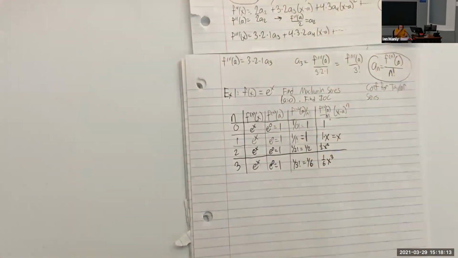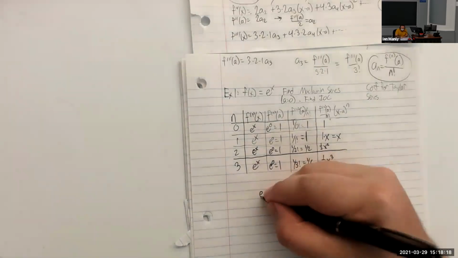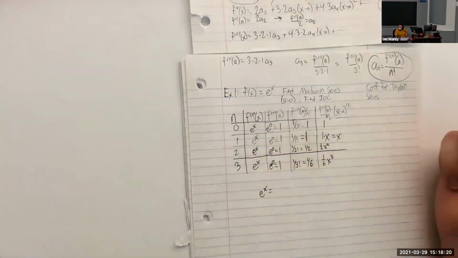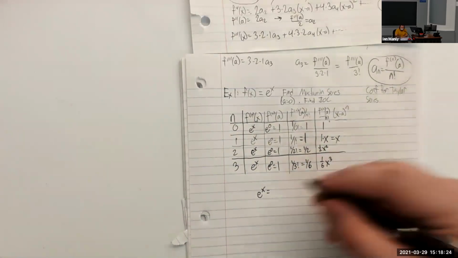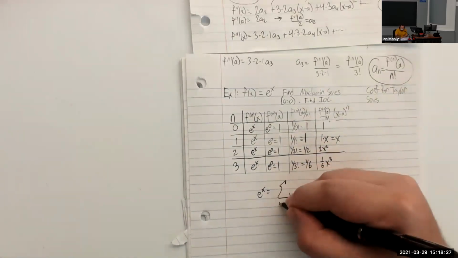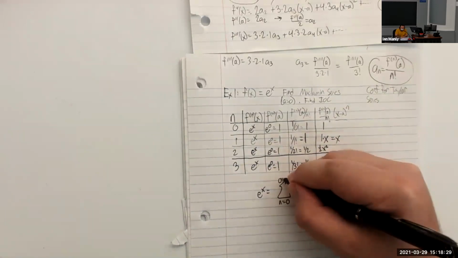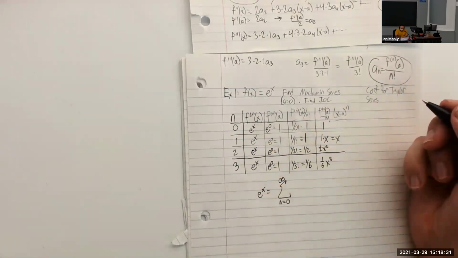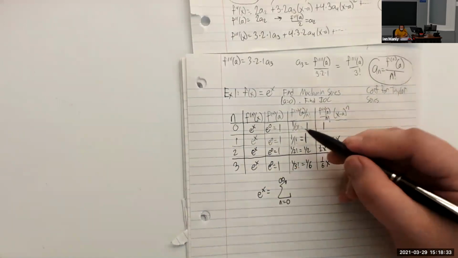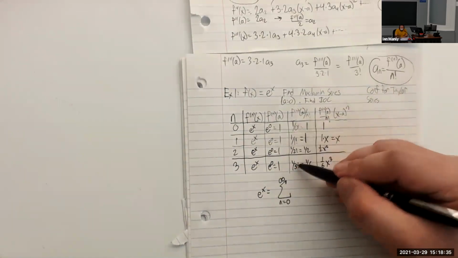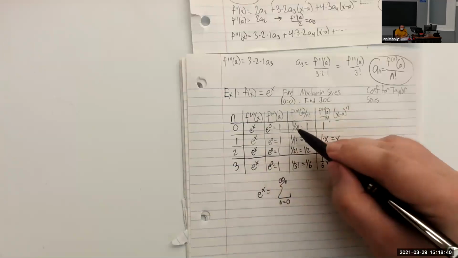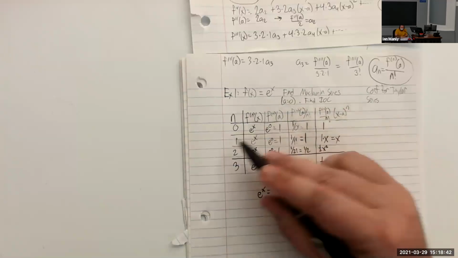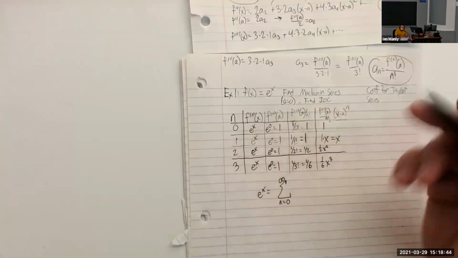Okay, so I think we have enough information to see what's going to happen in the long run. So let's see if we can write down our series here. We want to represent e to the x as our series, going from n equals 0 to infinity. It seems that whichever term we're on, we just end up having 1 over that number factorial. So here we have 1 over 0 factorial, 1 over 1 factorial, 1 over 2 factorial, 1 over 3 factorial.